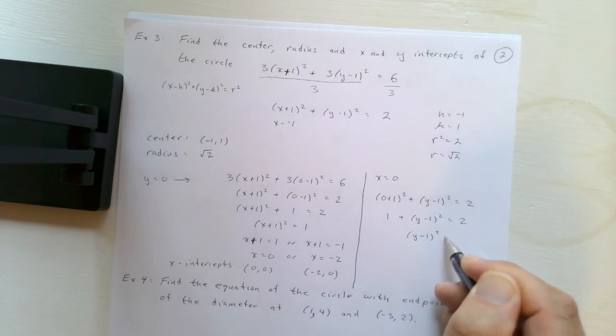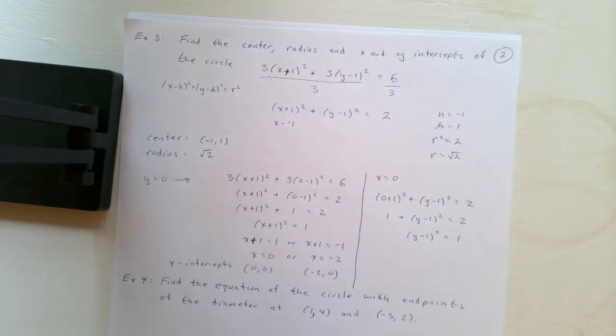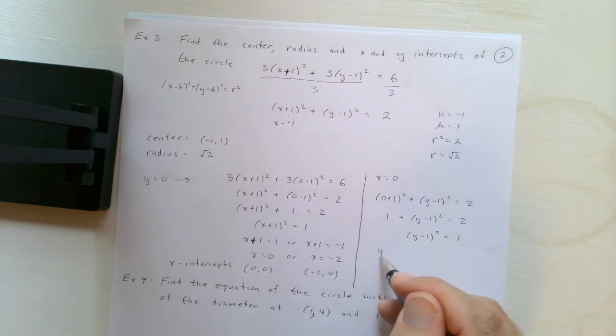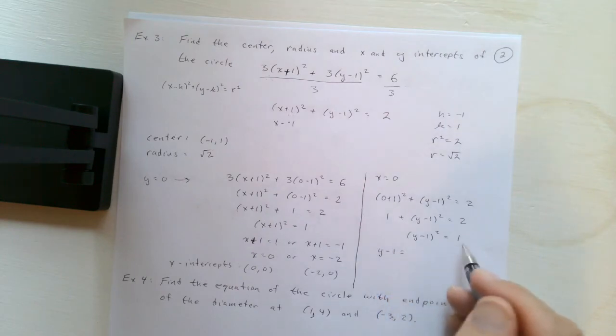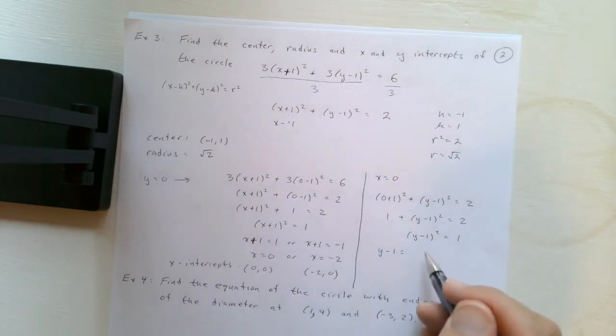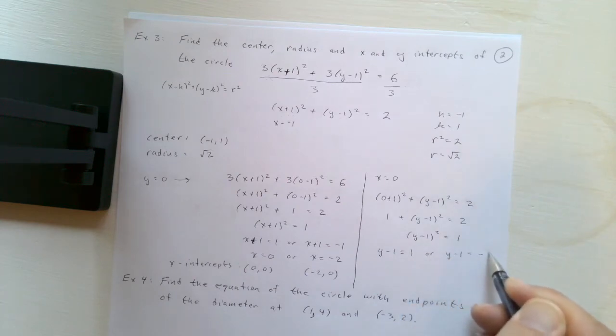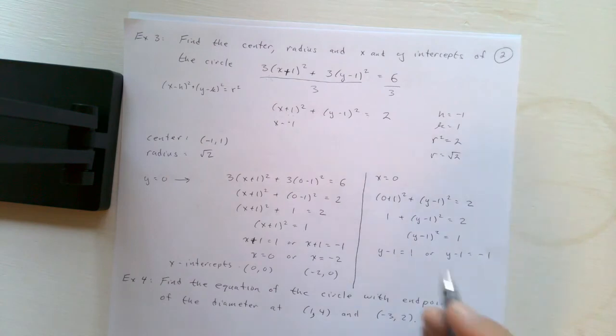So (y minus 1) squared equals 1. So y minus 1 is going to be, similarly as before, either 1 or negative 1. So y is equal to 2 or y equals 0. So then we get (0, 2) and (0, 0).